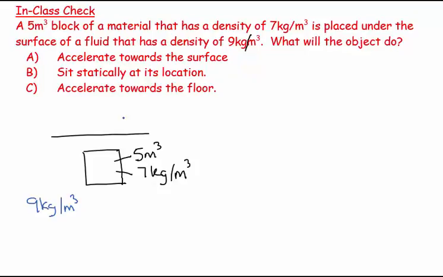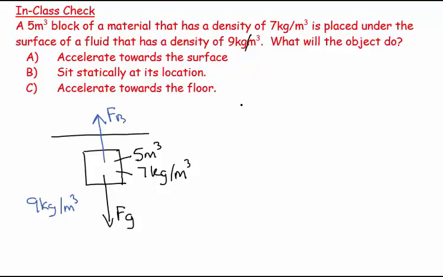And we're going to end up with two forces. We're going to end up with a buoyant force, FB, and we're going to end up with a weight, FG. I don't know which is bigger until I do some numbers.